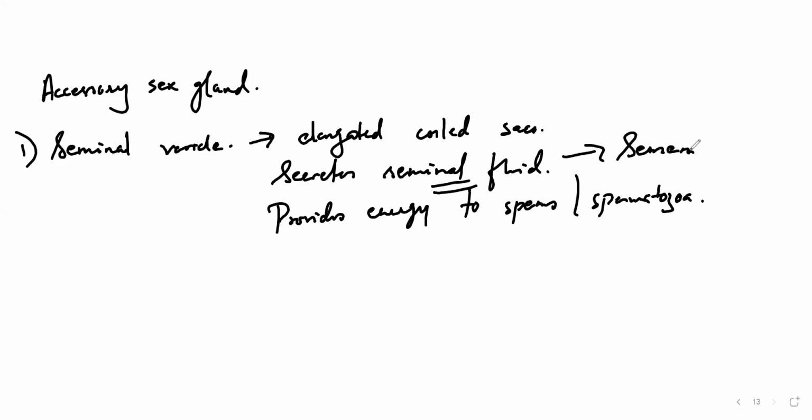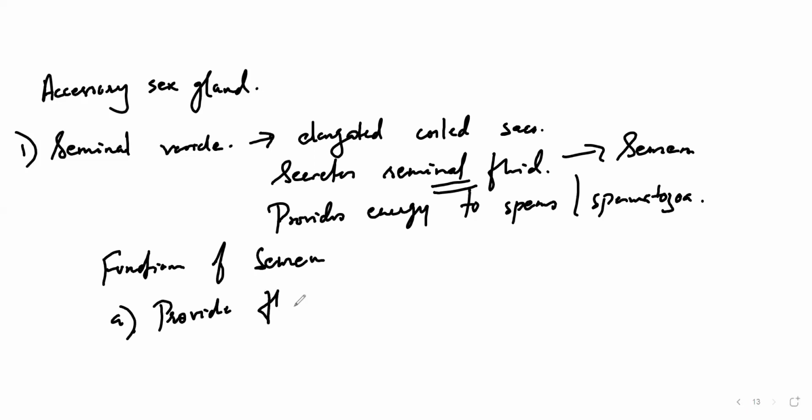Now, what is the function of this particular seminal fluid, or you can say the semen in short? The functions of semen are, first of all, it will provide a fluid medium to the sperm. Secondly, it helps in nourishment and activation.